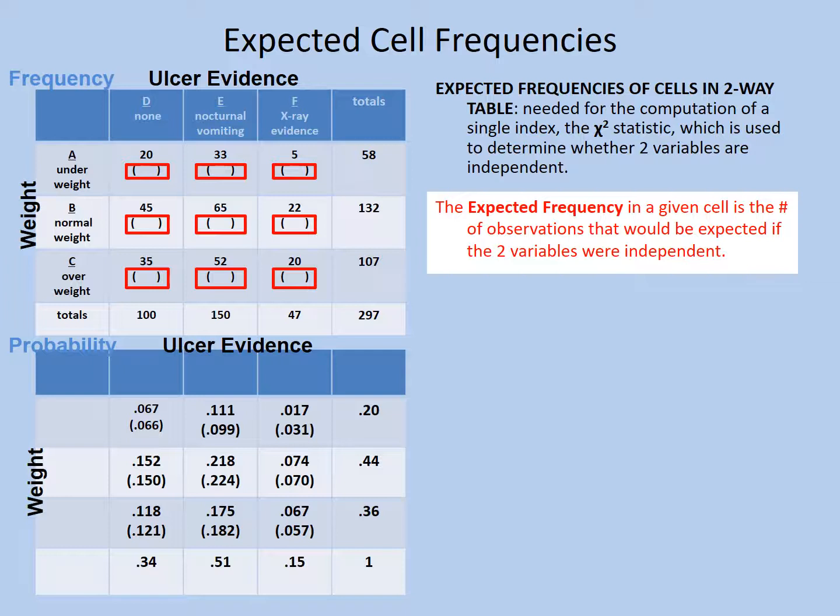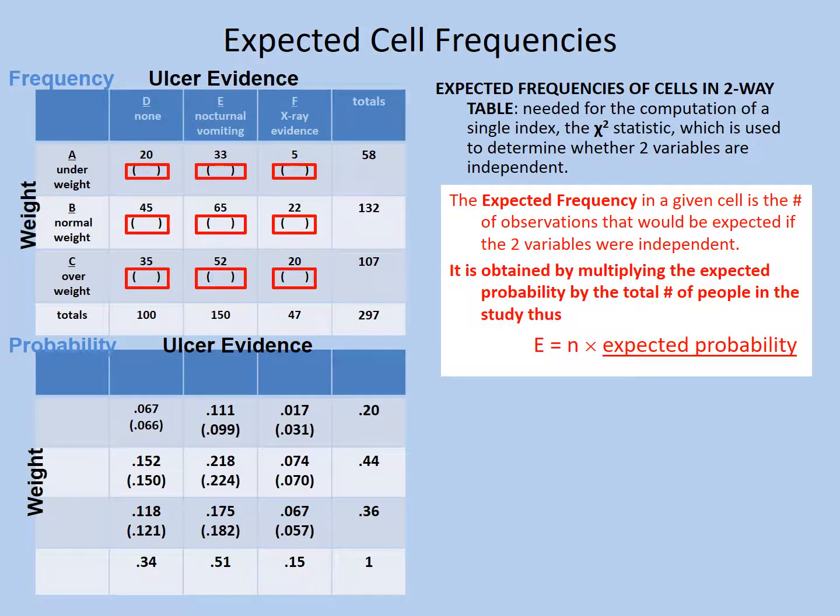The expected frequency in a given cell is defined to be the number of observations that would be expected if the two variables were independent. The expected cell frequency is obtained by multiplying the expected probability by the total number of people in the study. Thus, E equals N times the expected probability.